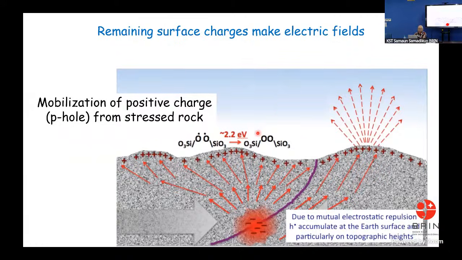And this is one of the hypotheses for why they occur. By laboratory experiments to destroy rock, it is known that positive electric charges are released and become mobile. They can travel to the surface of the Earth, and it makes some electric field before the start of the earthquake.